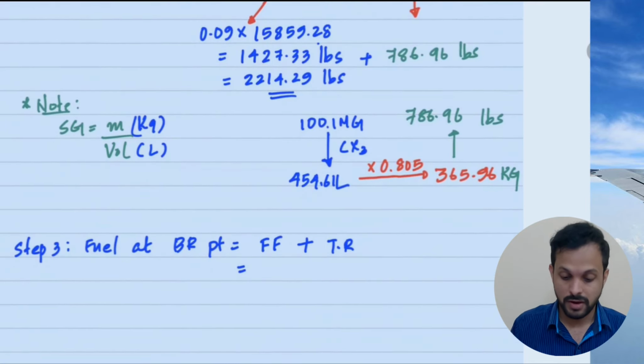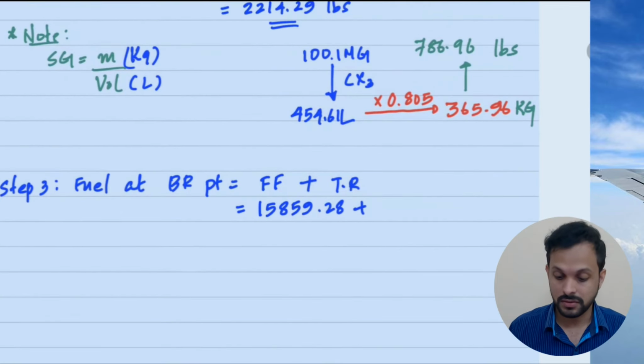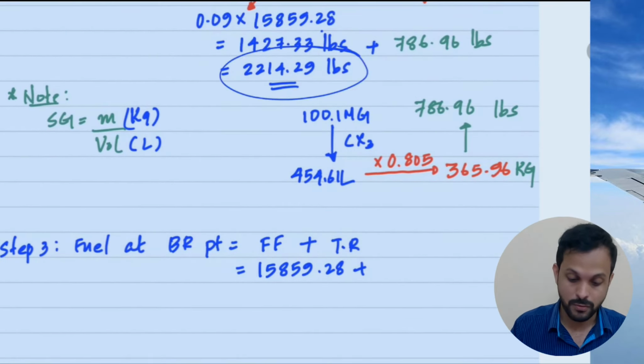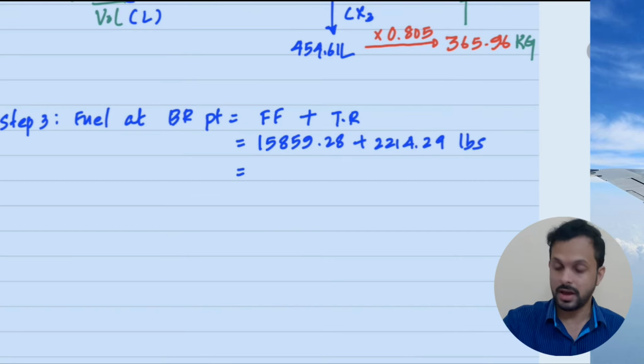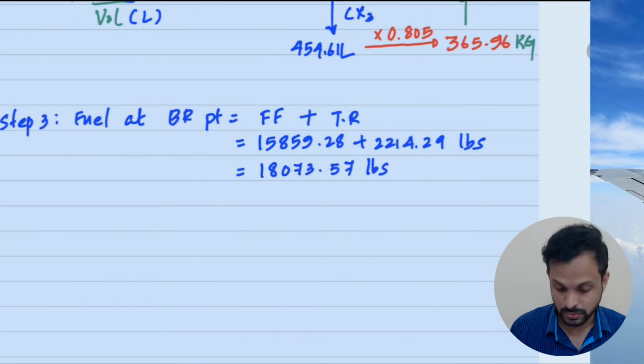Flight fuel is 15859. So flight fuel is right here, which is 15859, plus total reserve is what we just found out as 2214.29, and all these are in pounds, so we are going to add, and that is 18073.57 pounds.